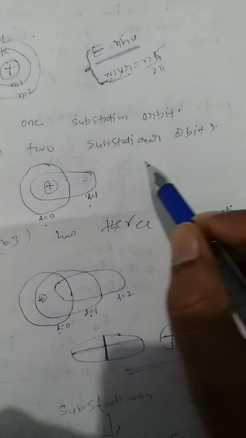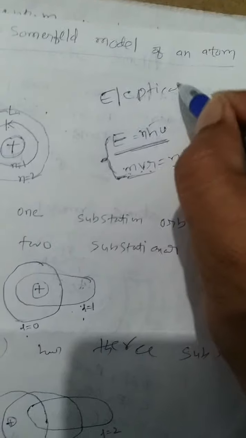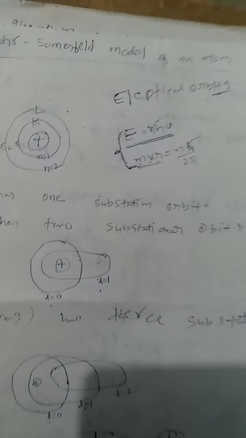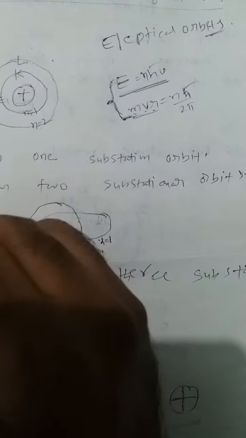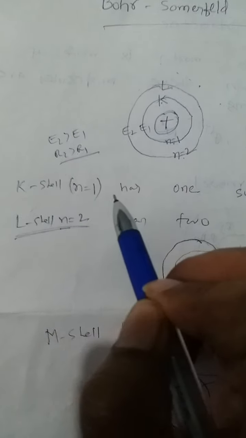He introduced elliptical orbits. According to Sommerfeld, each stationary orbit has sub-orbits; for example, K shell means n equal to 1.